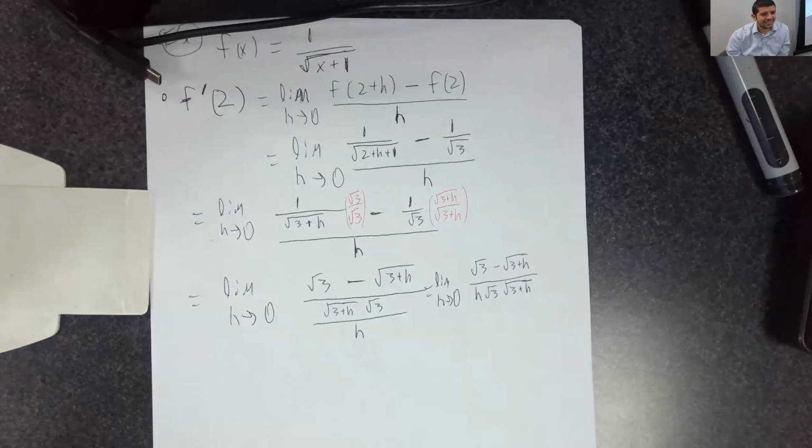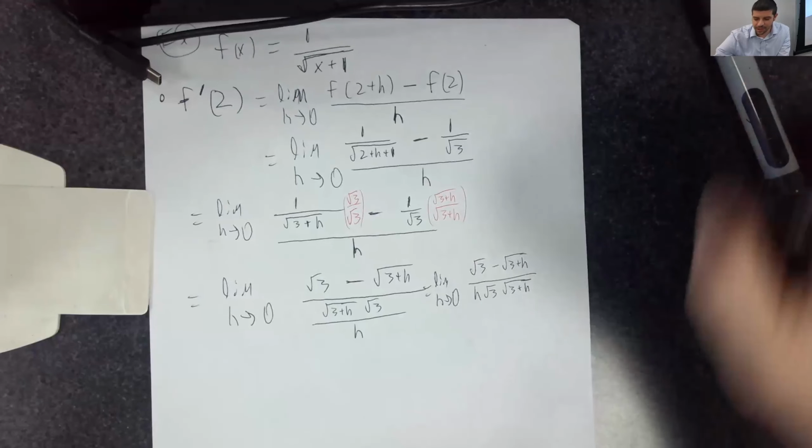Right, we can't do that craziness. We have to rationalize. How do we rationalize? Top and bottom by what?